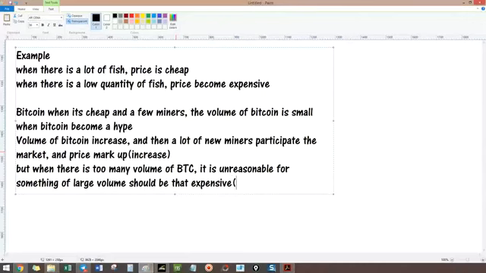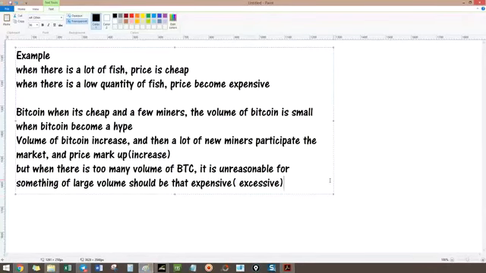Okay, so what does the market do? It should not be that expensive, something of large volume. Okay, this is excessive. So after excessive, price will drop.